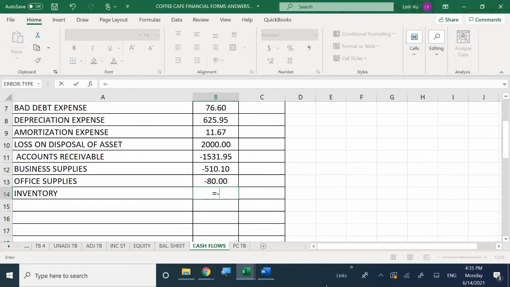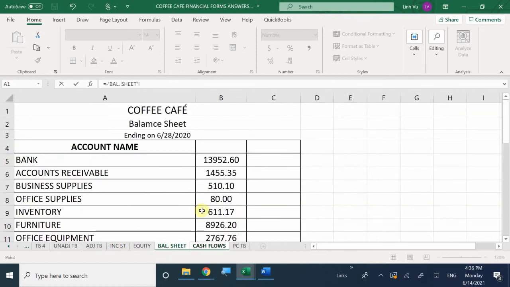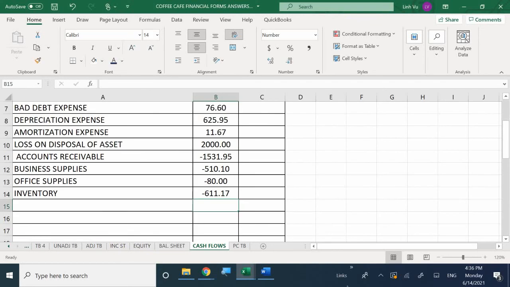I'm still holding it as if I purchased it and I'm waiting to sell it. In this case, that's $611 that I haven't sold yet. So therefore, that is money I haven't received yet. So that's going to be another negative $611.